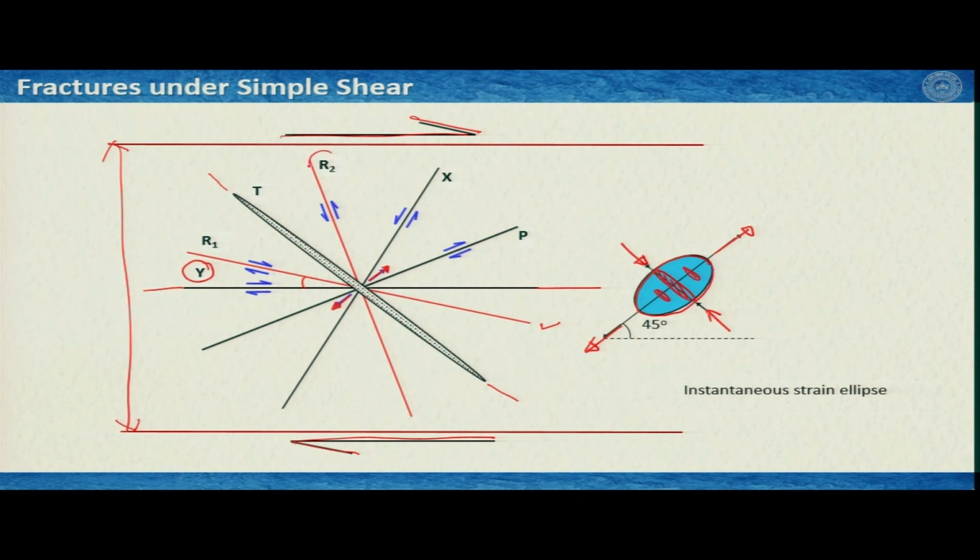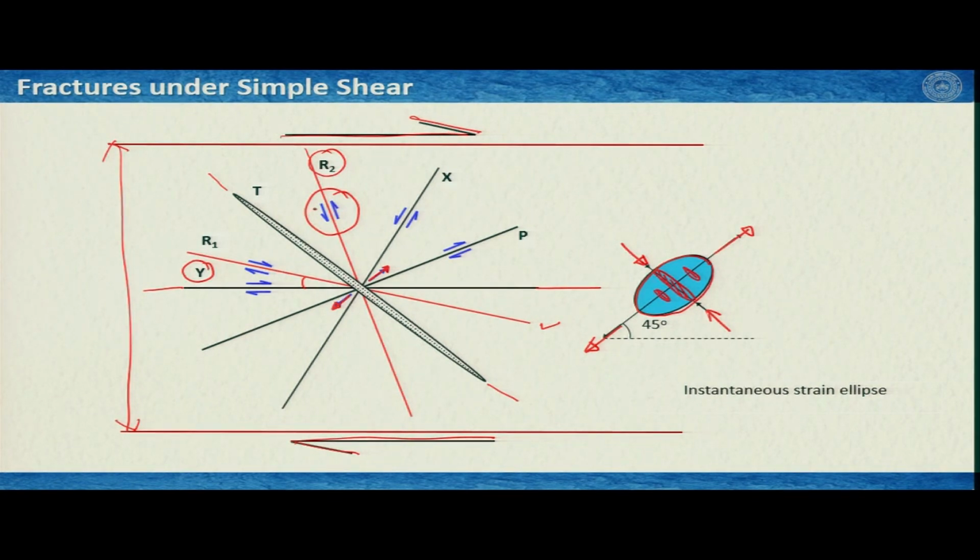You form another set of shear fractures which are known as R2 or high angle Riedel shear fractures. This angle is typically 75 degrees, and here, interestingly, the sense of shear is reversed. That means it is antithetic. So, the shear sense here is sinistral, but the bulk shear is dextral.